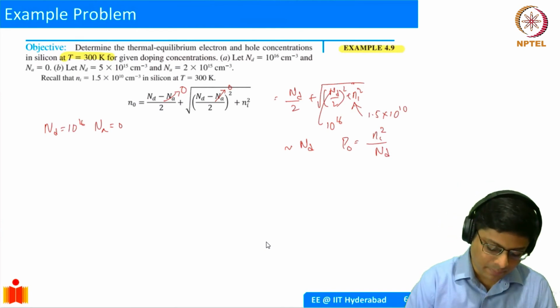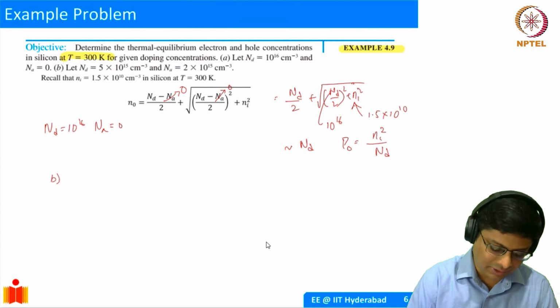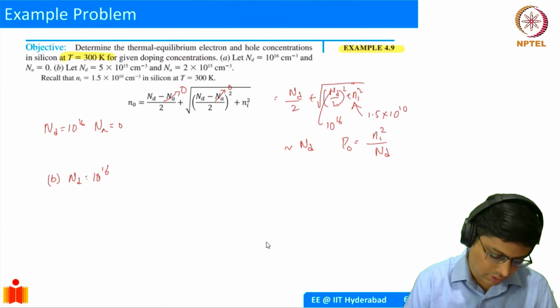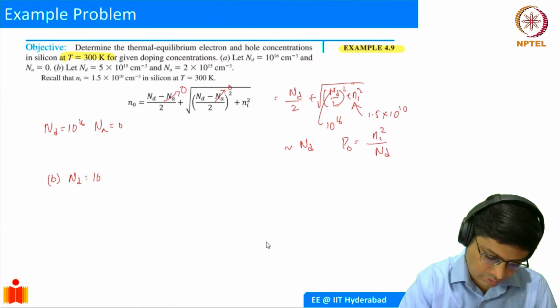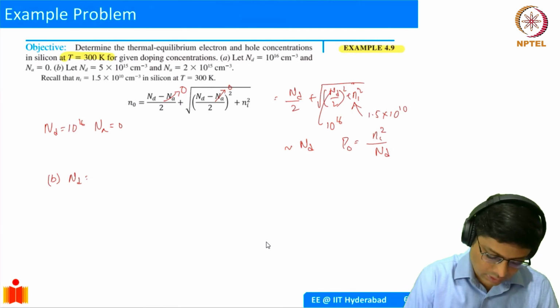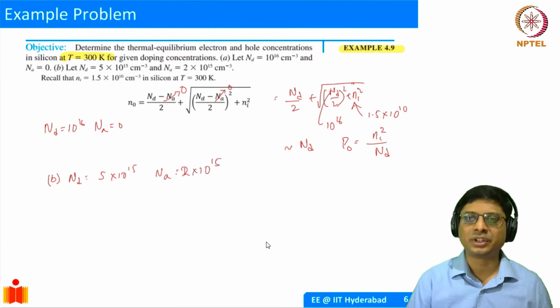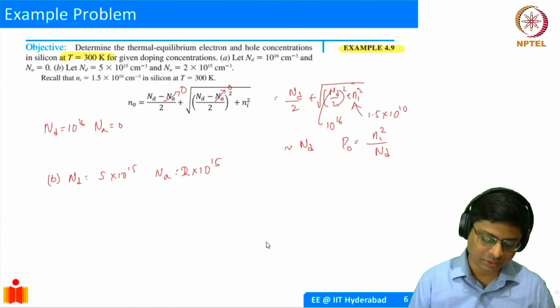But for part B, what we are given is Nd equal to 5 into 10 power 15 and Na equal to 2 into 10 power 15. Okay. So, well, you have acceptors and donors. So now you can try to calculate it.